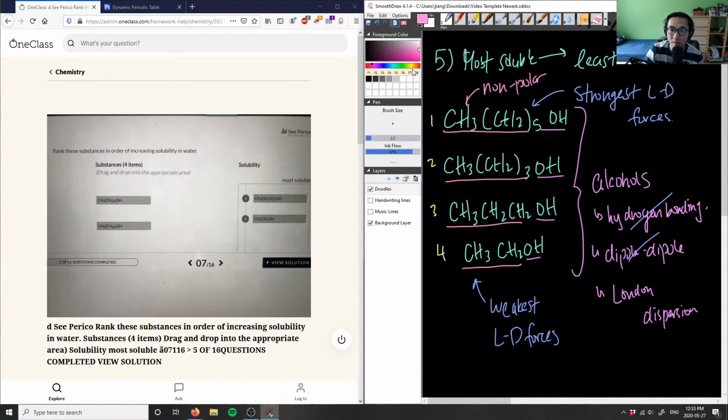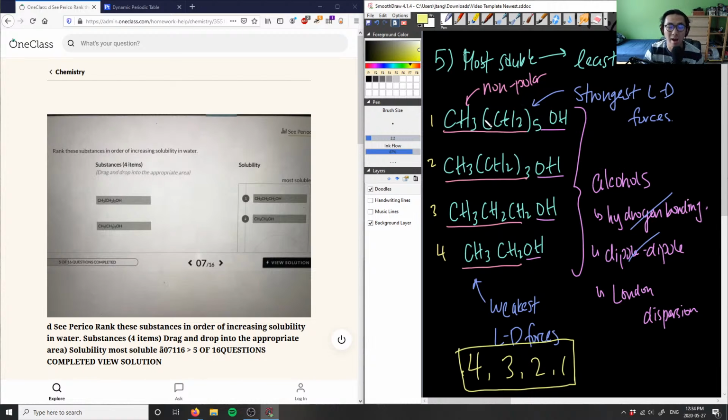So which one's the most soluble? Number 4 is the most soluble, because it has the shortest alkane chain, so it's less hydrophobic. It would go 4, 3, 2, and 1. This is the order from most soluble to least soluble, and this is our solution for this problem.